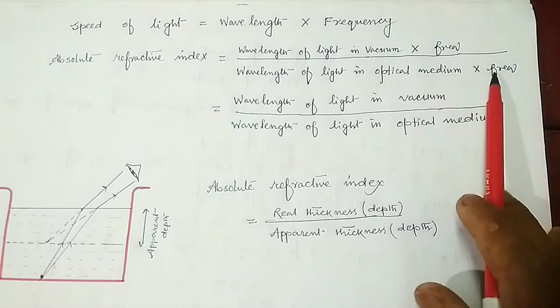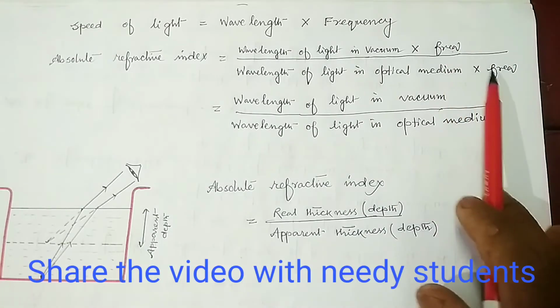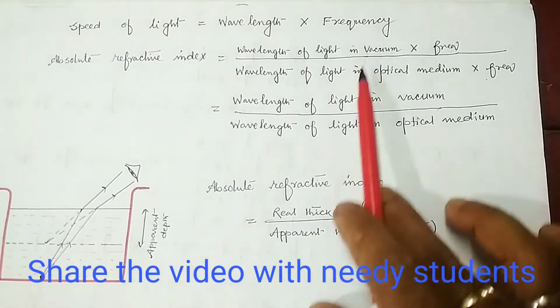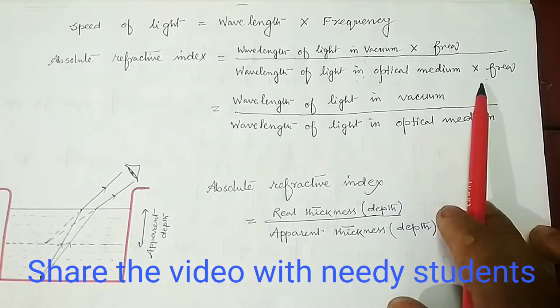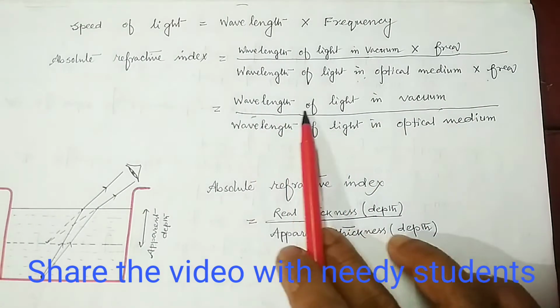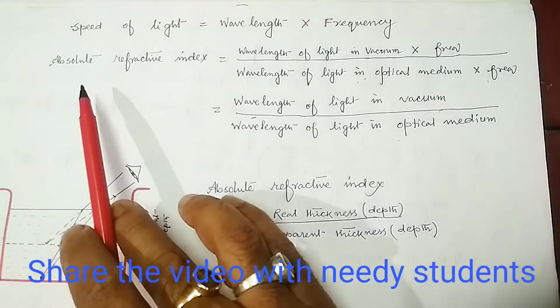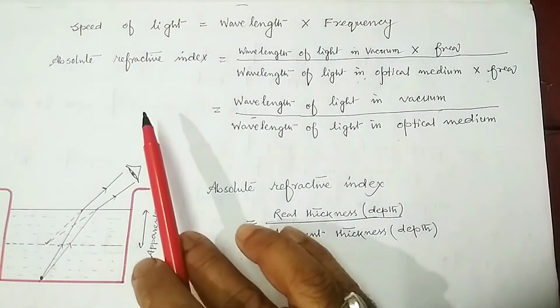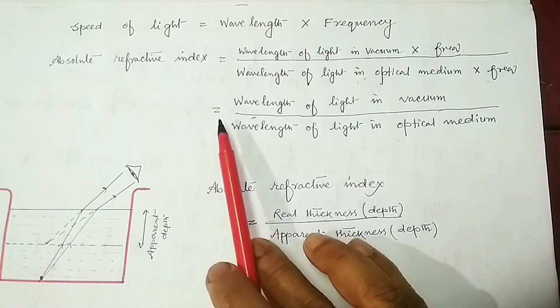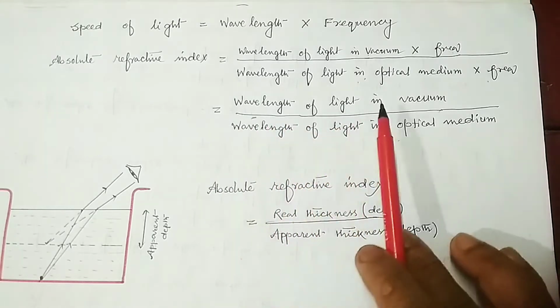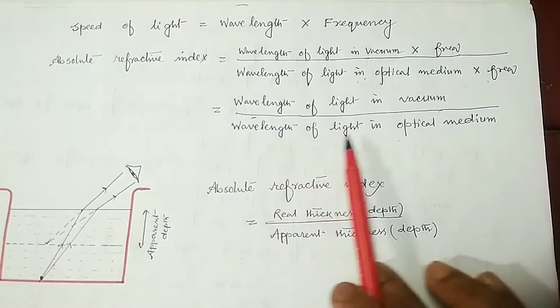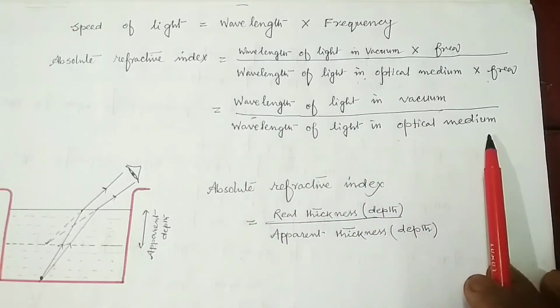And as frequency remains same, we can cancel these two, so we are left with wavelength of light in vacuum by the wavelength of light in optical medium. So absolute refractive index of a medium can also be defined as the ratio of wavelength of light in vacuum to the wavelength of light in that particular optical medium.